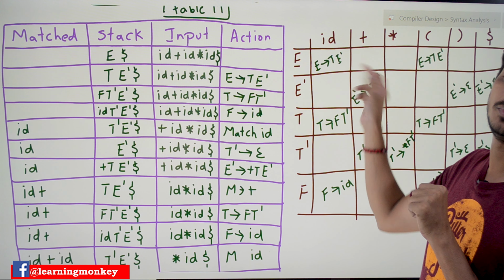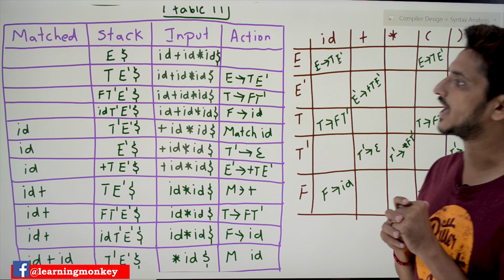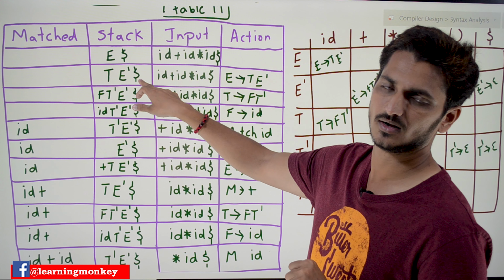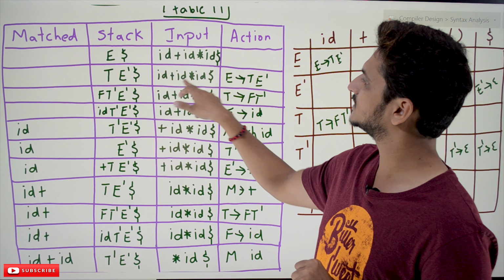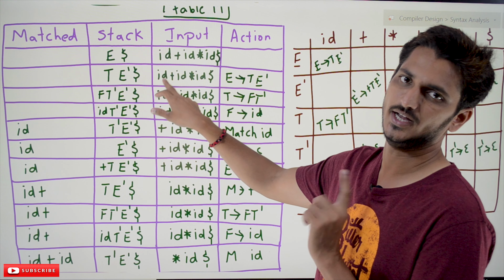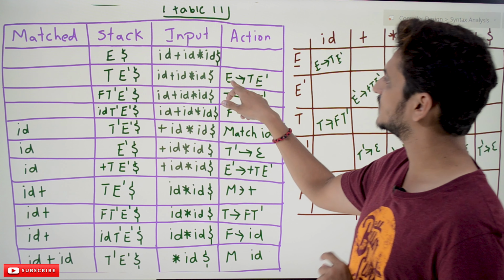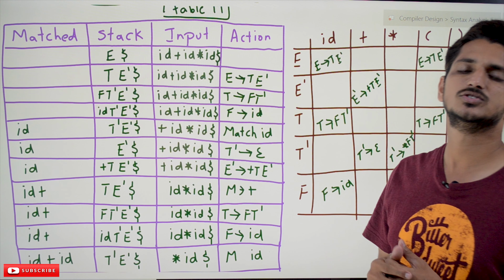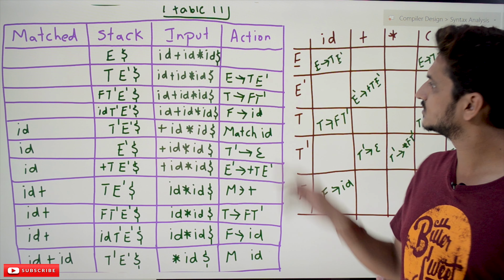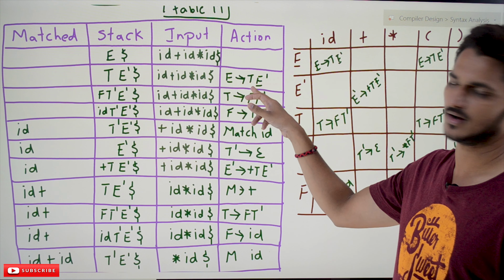T E dash should be added to the top of the stack. So T E dash dollar, with input ID plus ID star ID. Still our input is pointing to the first ID. What action have we taken? E tends to T E dash. That is what we have done, so the action is mentioned here.